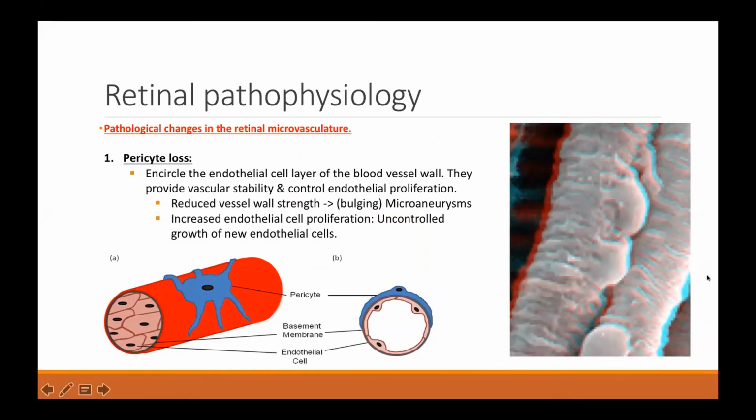They provide vascular stability and prevent uncontrolled growth of new endothelial cells. So the loss of these cells results in reduced vessel wall strength, and that leads them to bulge out. That's what you call microaneurysms. They bulge out into the tissue surrounding that area.